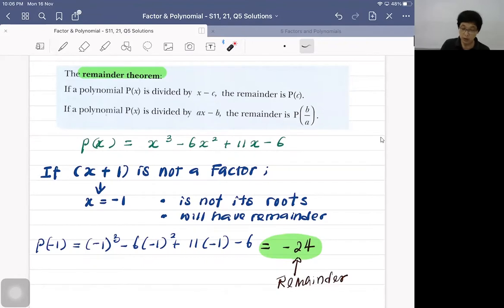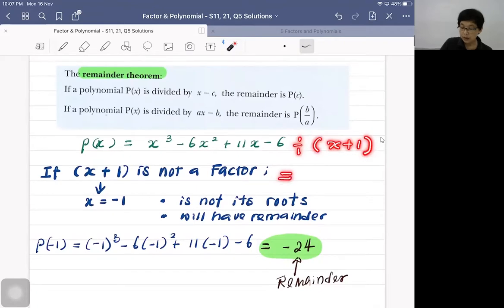Therefore, if we substitute x as -1 into the function, you will notice that you have a value, and that is the remainder when we take p(x) divided by x plus 1.